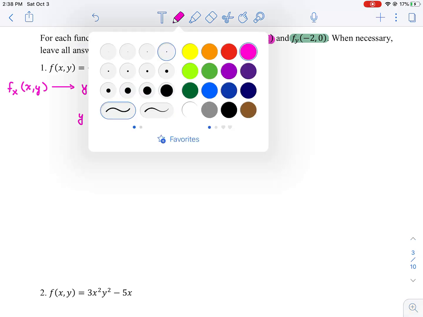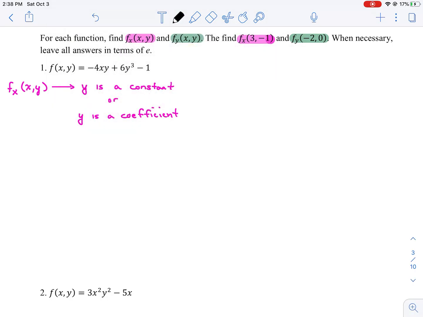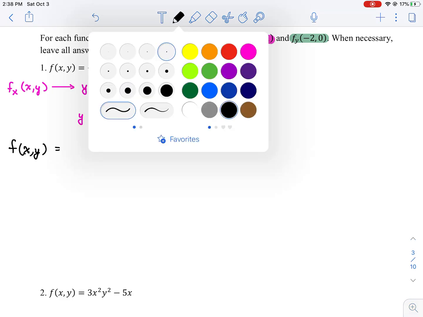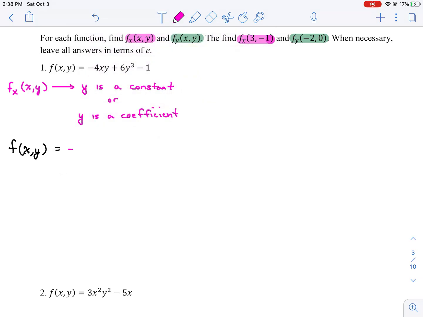So what I'm going to do is rewrite the function so that all of the constants and coefficients are pink. So in the first term, -4y is the coefficient and x is the variable.